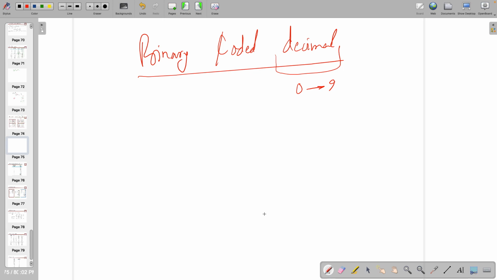So any system in decimal you are writing from 0 to 9. If it is binary coded decimal, and if I want to write something from 0 to 9, how can you write 0 to 9? It requires, by the way, 4 bits.